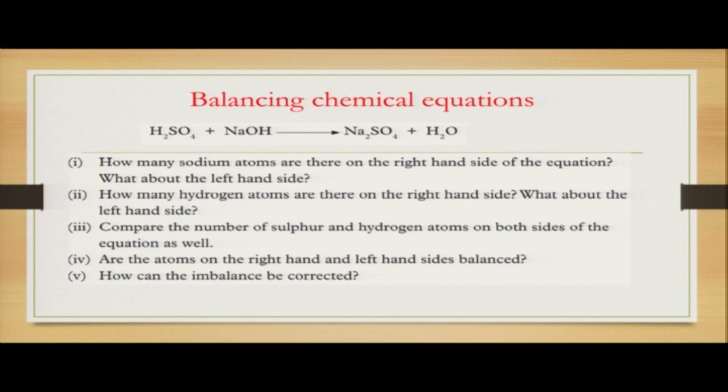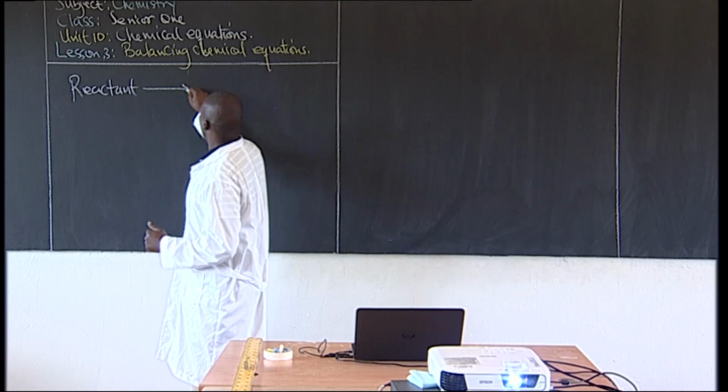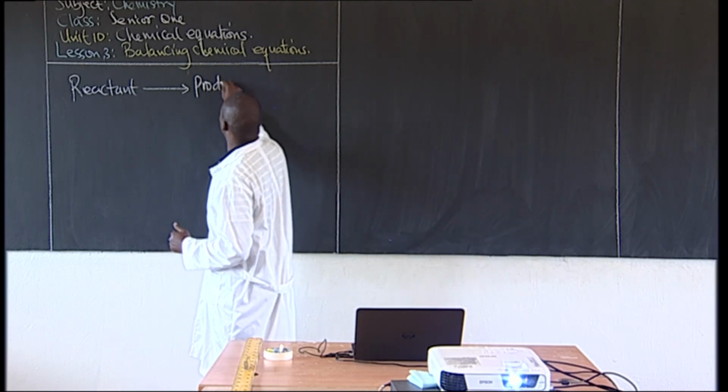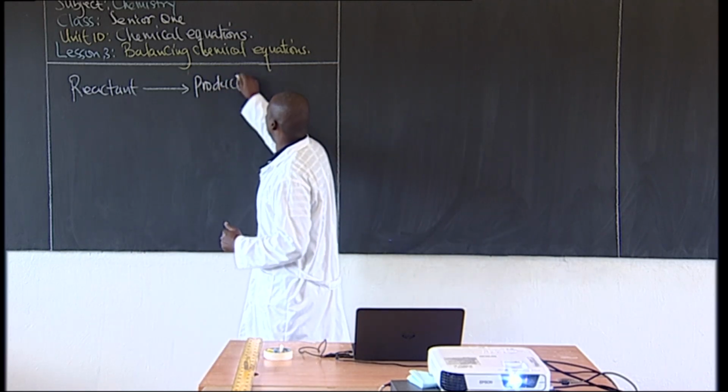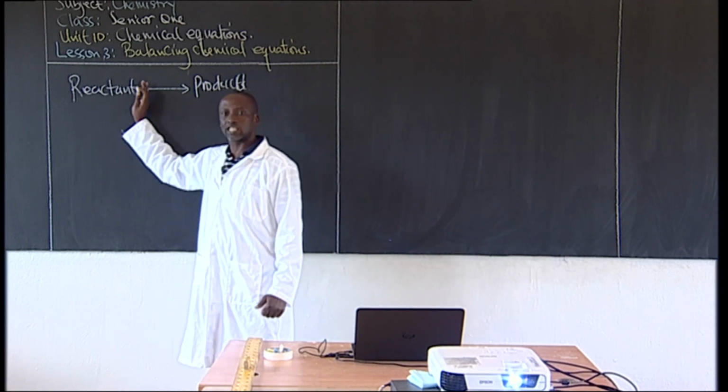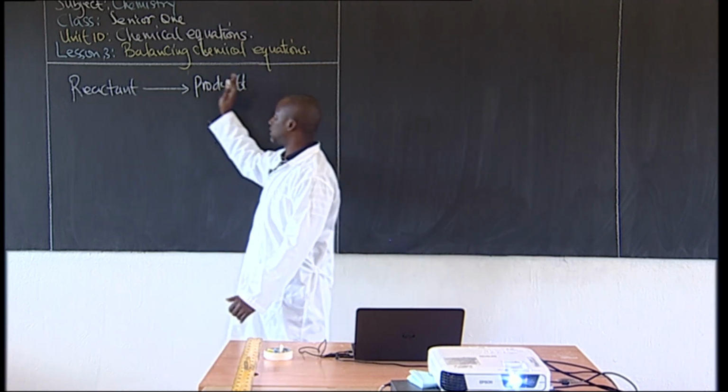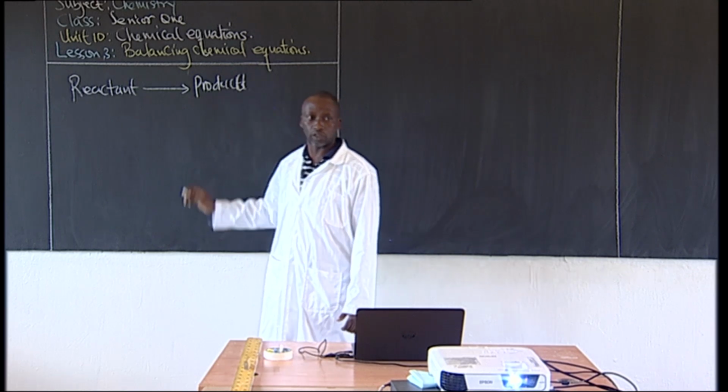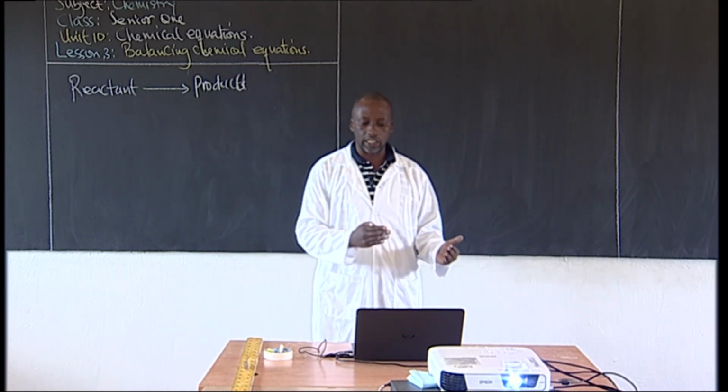Usually an equation has two sides. You have reactants, and then you have products. I'm sure you still remember this. This is one side of the reaction, and this is another side of the reaction. So what about the left-hand side?